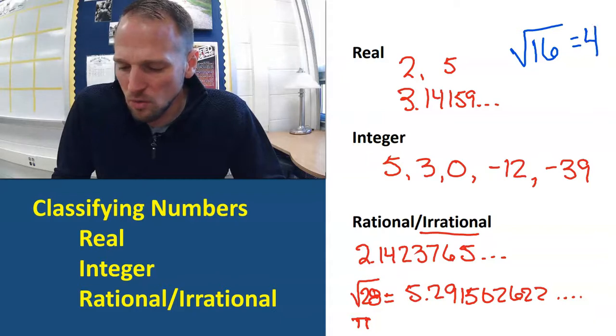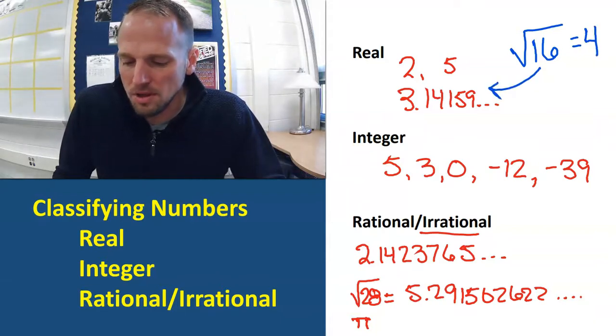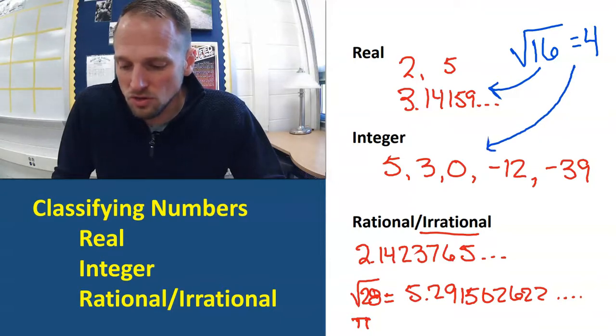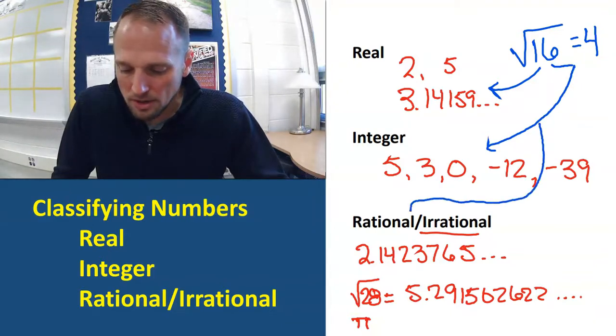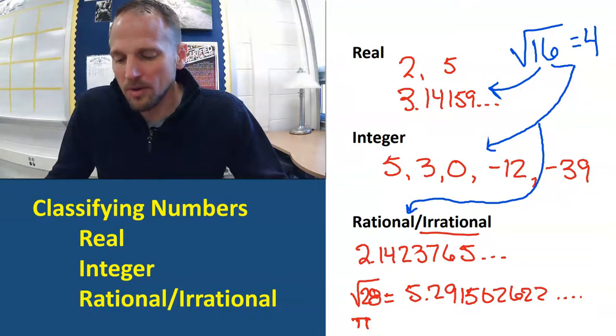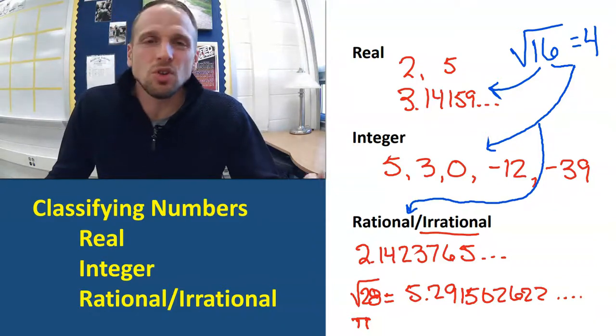That's actually going to be 4. So this is going to be a real. 4 is an integer, so the square root of 16 is also an integer. And every integer is a rational number. Okay? All right, so I know that was a lot of stuff, but I know you got it. Good luck.